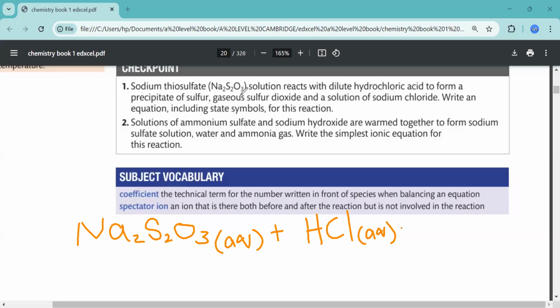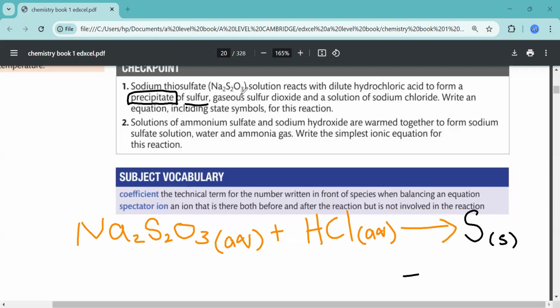And they both are going to react to give you a product. So we will draw the arrow sign, and now we will write down the products. They said the product is sulfur, and the sulfur is in the form of a precipitate. It means that it's solid, it's not soluble. So we will write down the sulfur, and in the tiny bracket we will write S, meaning solid.